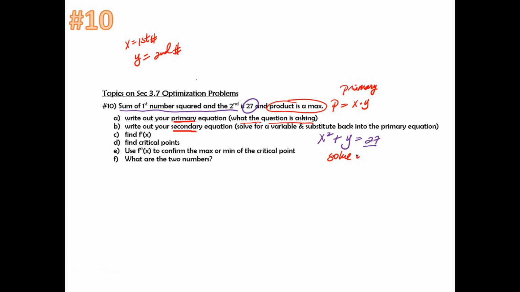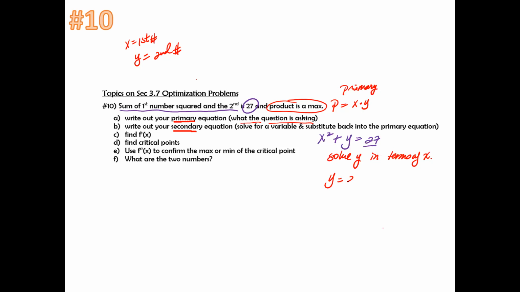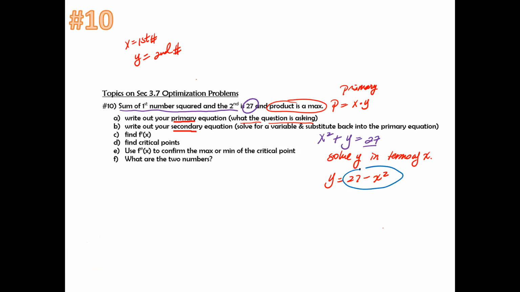So what I'm going to do is I'm going to solve for Y in terms of X. So Y equals 27 minus X squared. And then what I'm going to do with this is I'm going to take the 27 minus X squared and substitute it back over here into the primary equation.